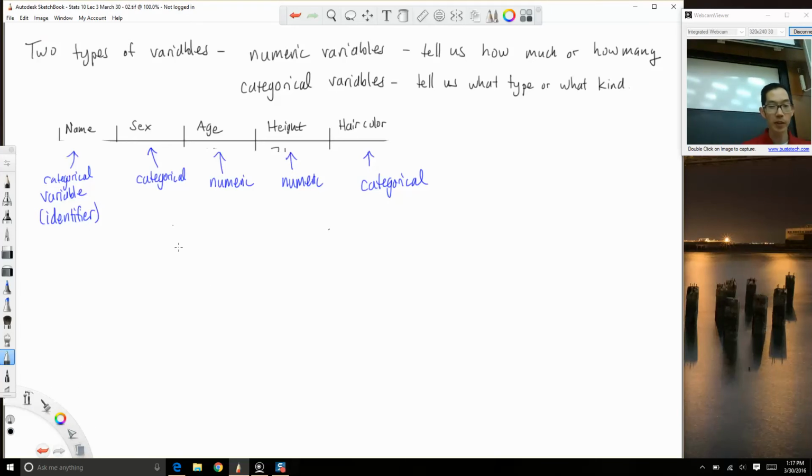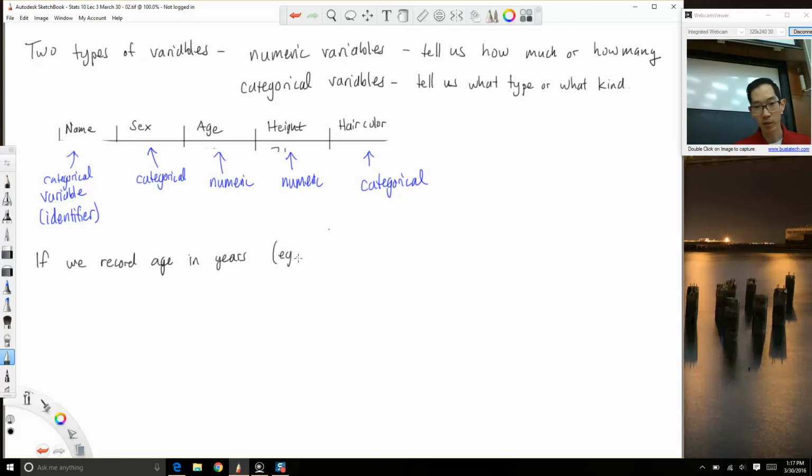Okay, as far as variables like age, if we record age in years, that is definitely a numeric variable.